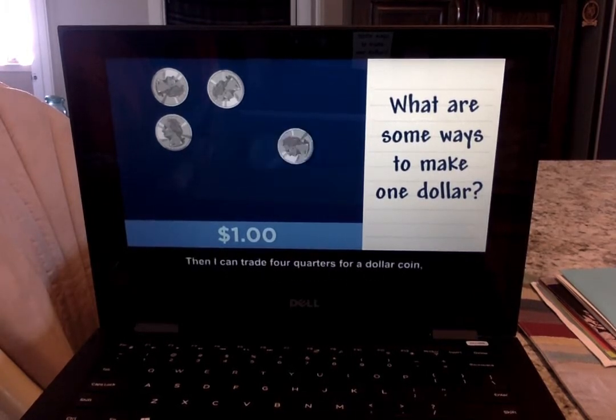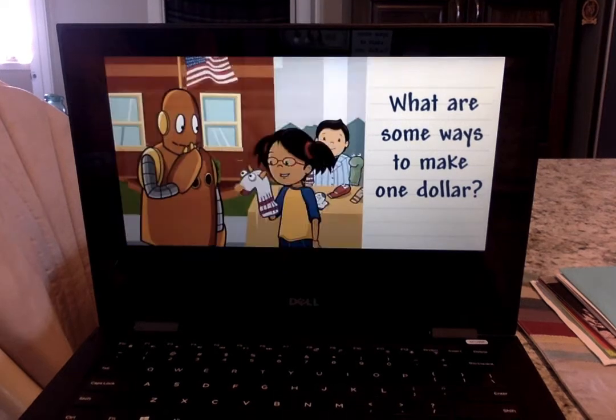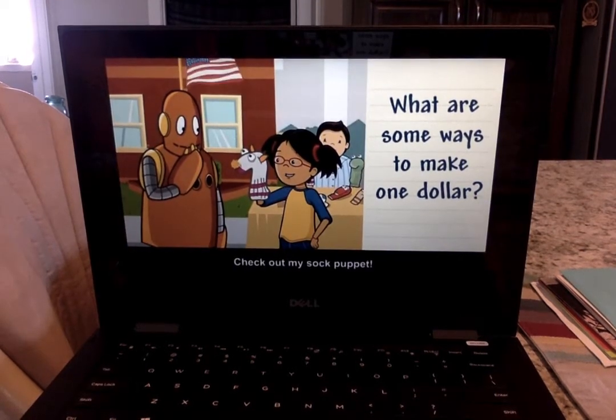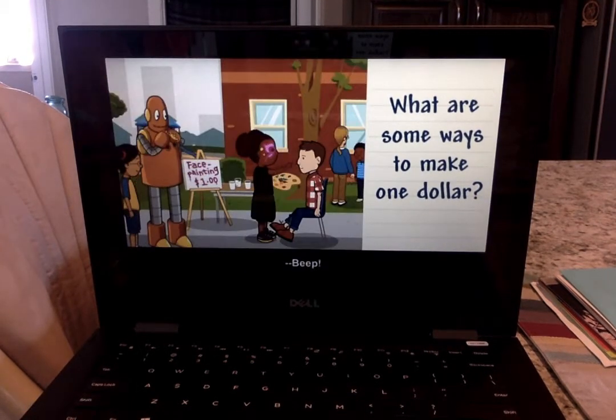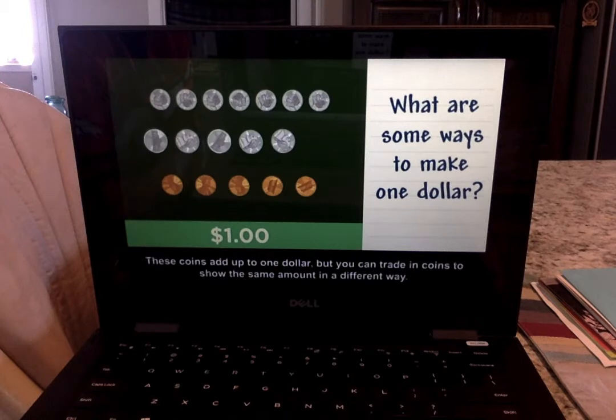Then I can trade 4 quarters for a $1 coin or a $1 bill. Check out my sock puppet. Ooh, Takora is painting faces for $1. These coins add up to $1, but you can trade in coins to show the same amount in a different way.